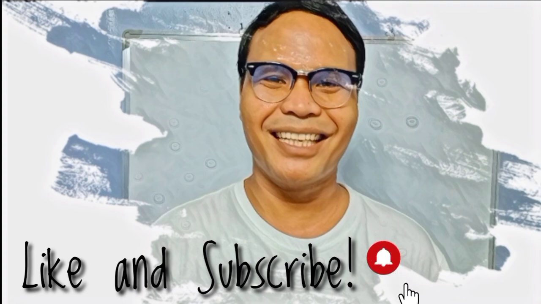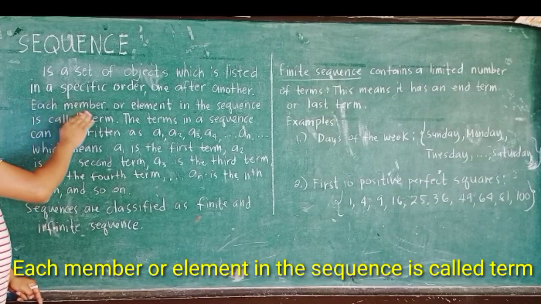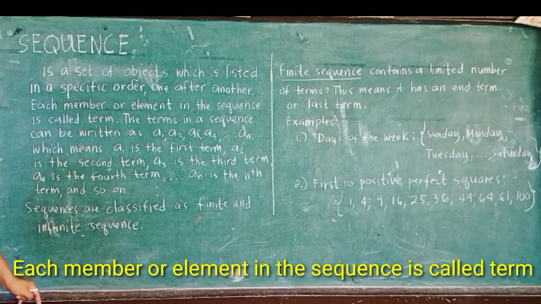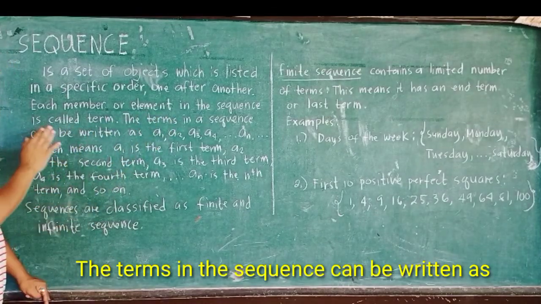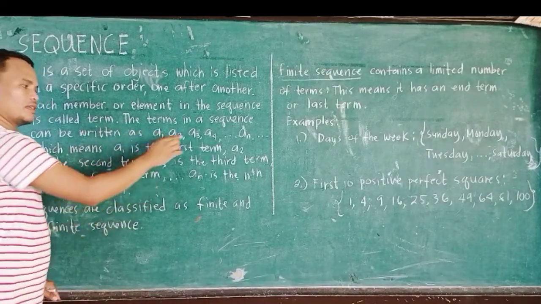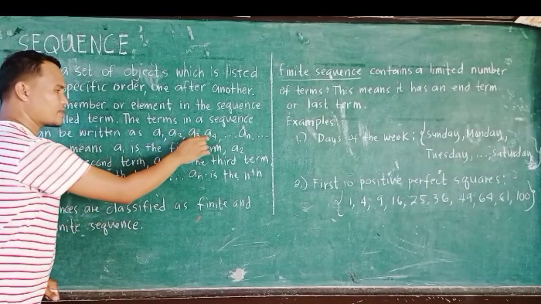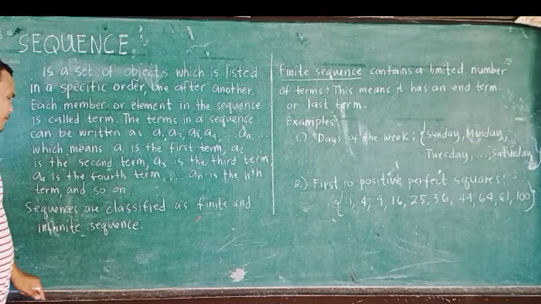Got no makeup. A sequence is a set of objects which is listed in a specific order, one after another. Each member or element in the sequence is called a term. The terms in a sequence can be written as a sub 1, a sub 2, a sub 3, a sub 4, a sub n, and so on.